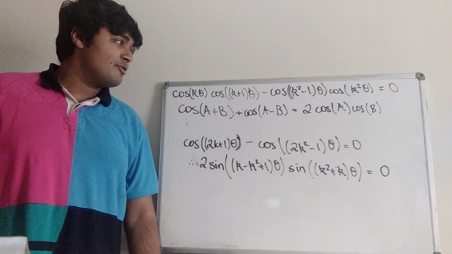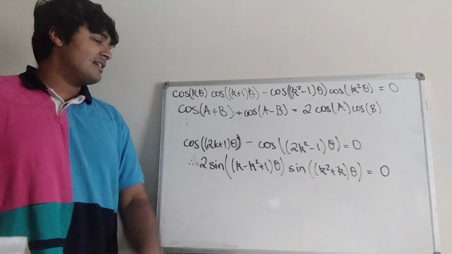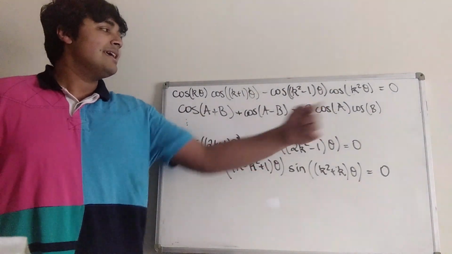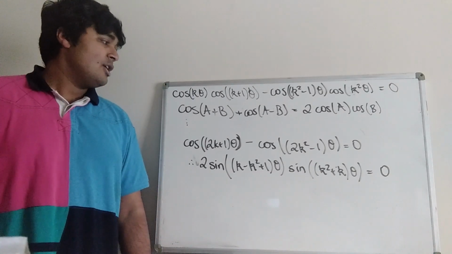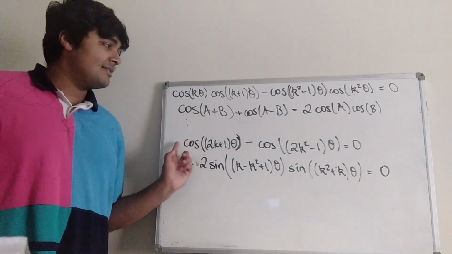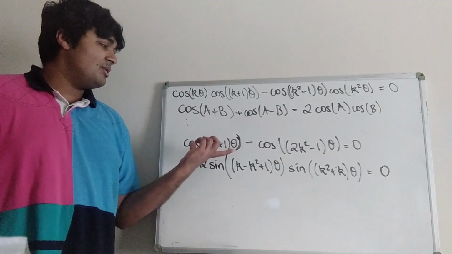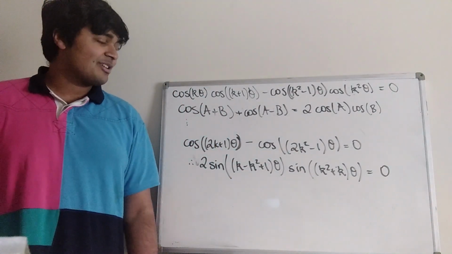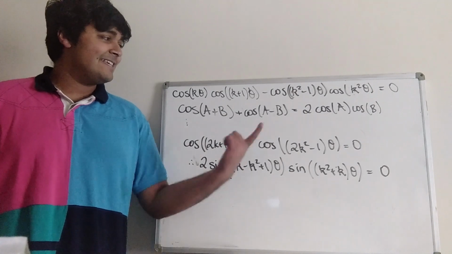I've written out one of the double angle formulae: cosine of (a+b) plus cosine of (a−b) is equal to 2 cosine of a cosine of b. The reason I've written this down is because using it gives us this line here: cosine of (2k+1)θ minus cosine of (2k²−1)θ equals 0.